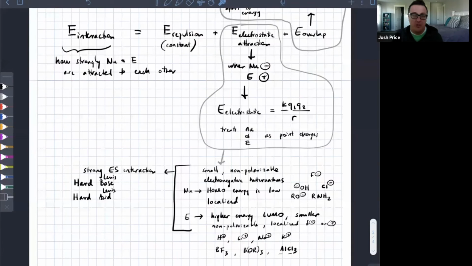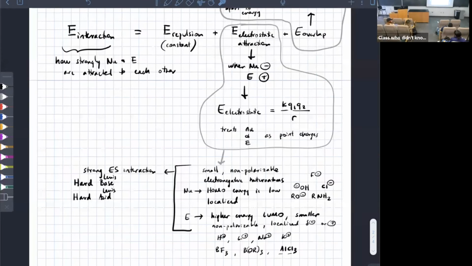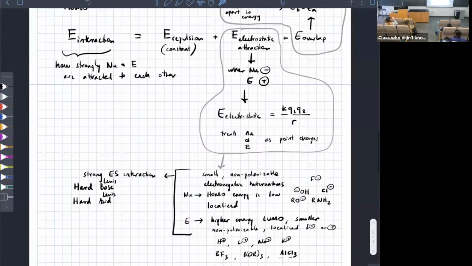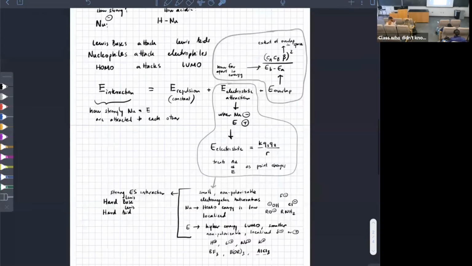Okay, questions about that? I kind of stumbled through that, but that's the gist. In essence, you're trying to say that the energy of interaction is low, but they prefer each other because of the strong electrostatic attraction that they have for each other.